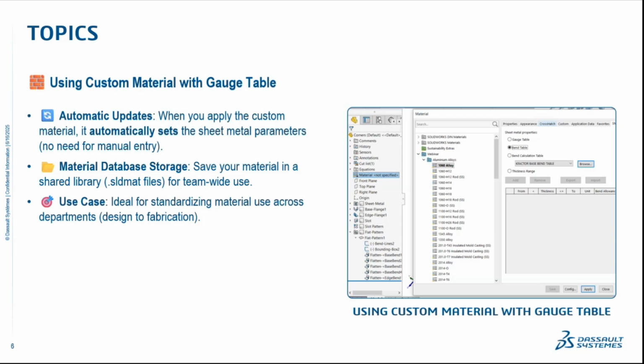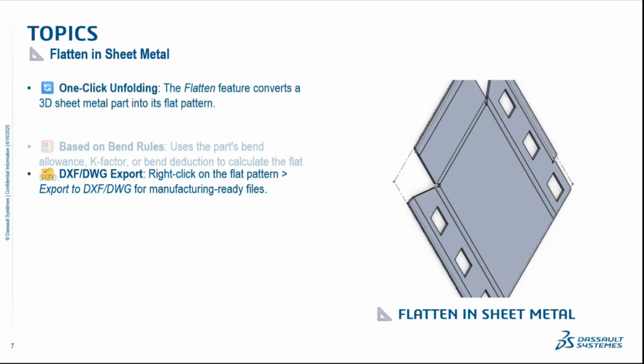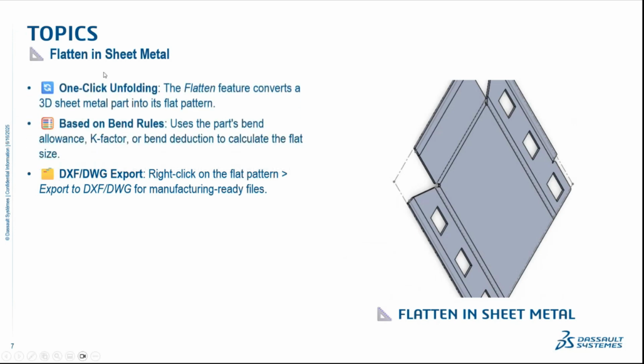your fabrication cases. After that, the most important object which every sheet metal industry needs is a flattening system. So here in our flatten, by one click we can unfold the whole product. Based on bending rules, we can change the size of a bounding box and have our DXF.